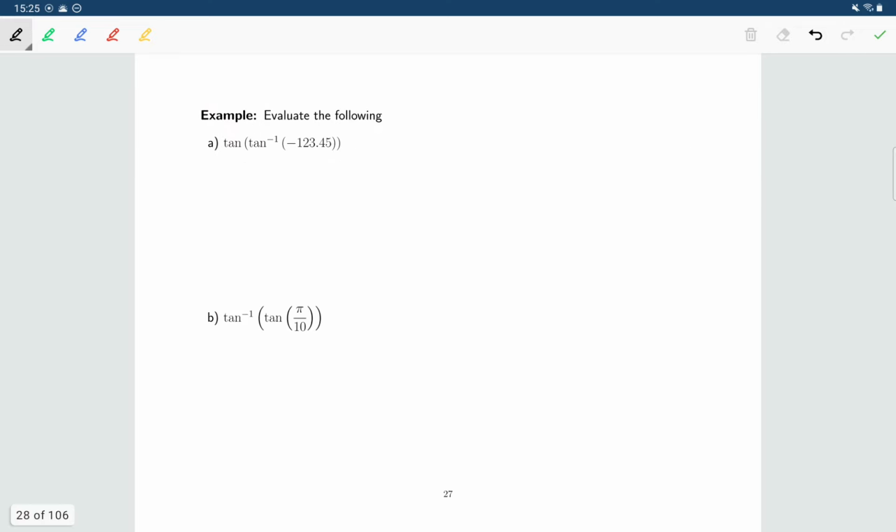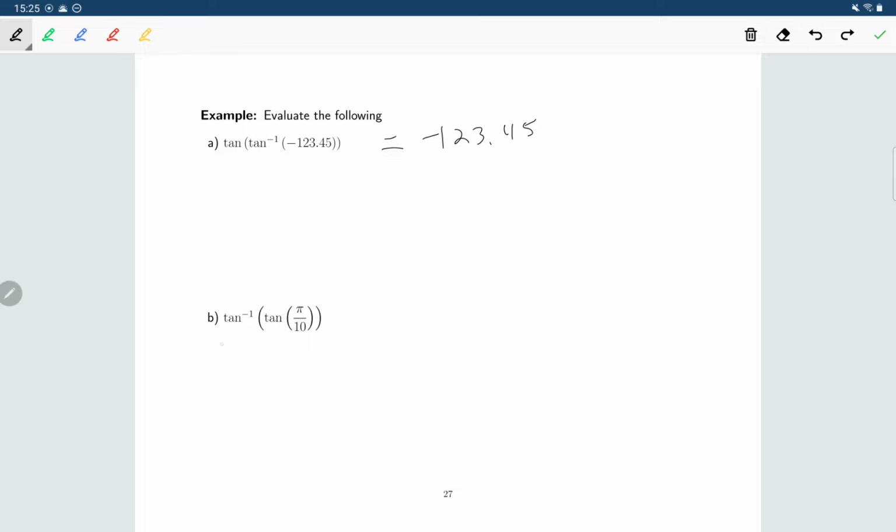So some things like this, tan of tan inverse of negative 123.45, we know that that should just be negative 123.45. Since any value that we have is going to be in the domain of tangent inverse, then tan composed with tan inverse, they'll undo each other, and we'll be left with negative 123.45.